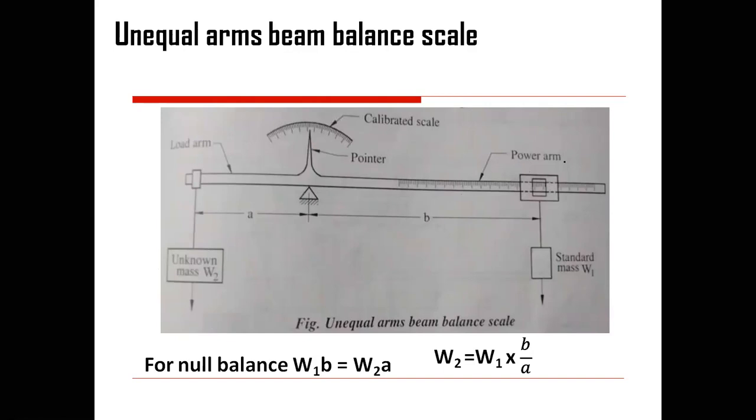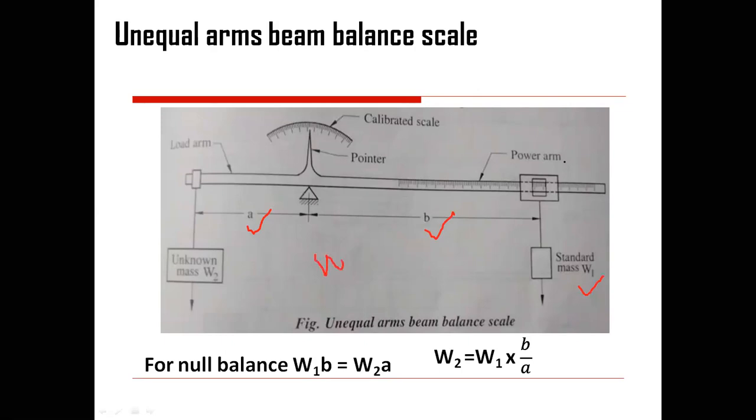So how is the null balance achieved? The standard mass or standard weight multiplied by the distance b, that is the length b, is equal to the unknown weight w multiplied by the length a. We have the value of b, we have the value of a, and we have the value of w1.